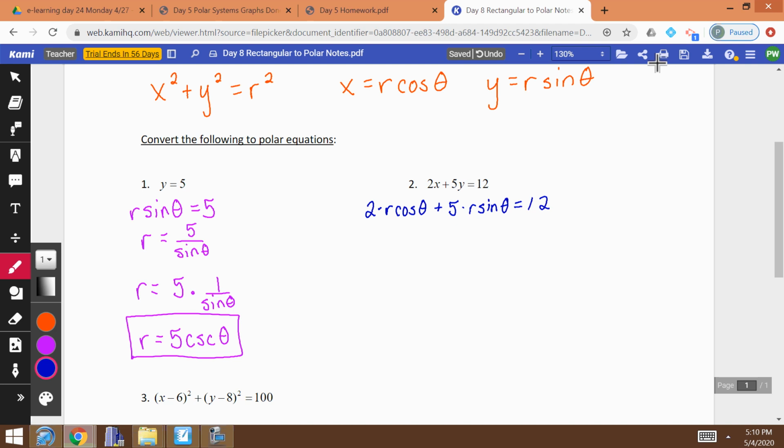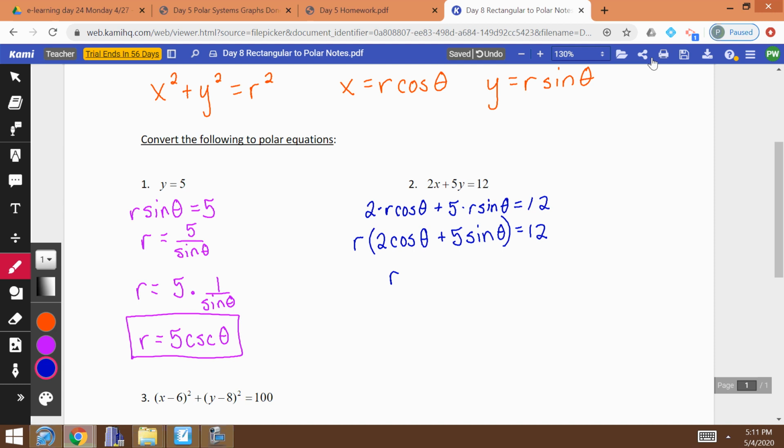Conveniently on the left-hand side though, both of these terms have a common factor of r. Don't forget about GCF. So if I take the r out of both of them, I get this left over. And to solve for r, we would divide both sides by that 2 cosine theta plus 5 sine theta.